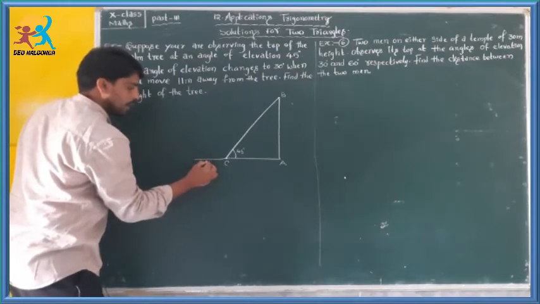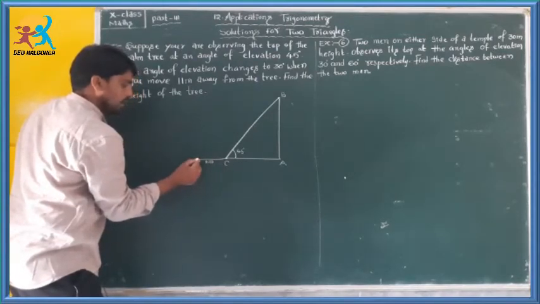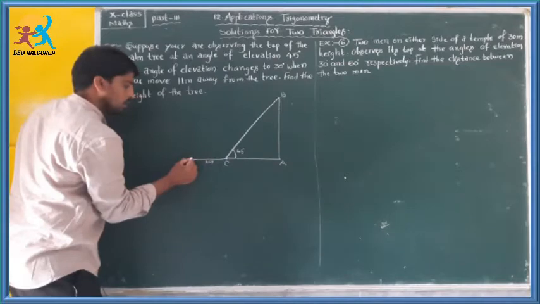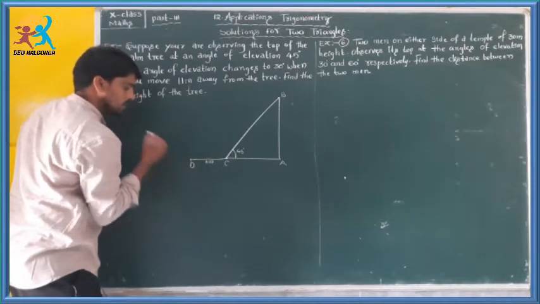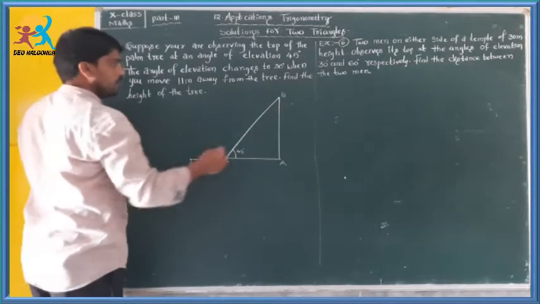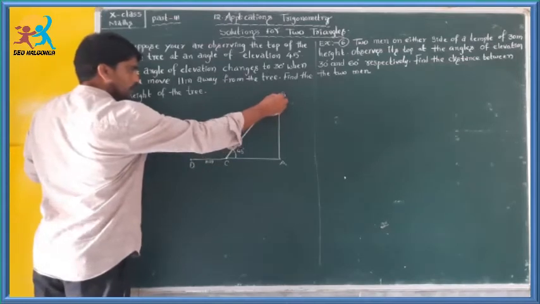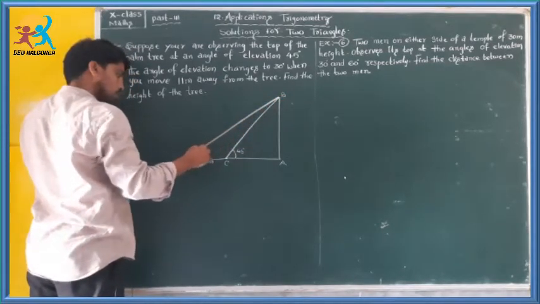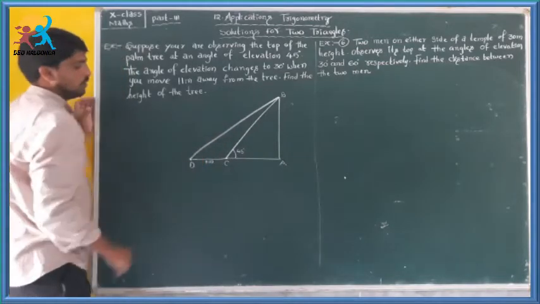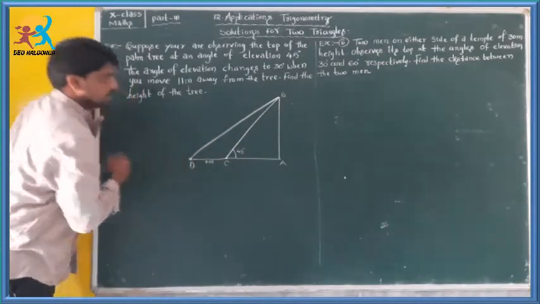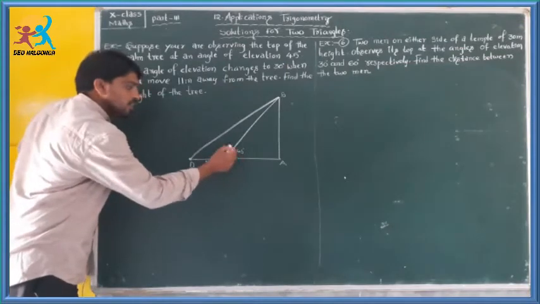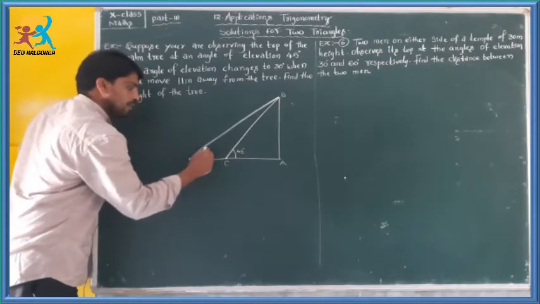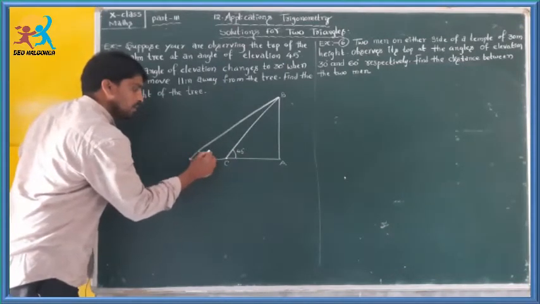Let us denote it by 11 meters, and finally you reach point D. Then join the top of the palm tree to the observation point D. The angle of elevation changes from 45 to 30 degrees.